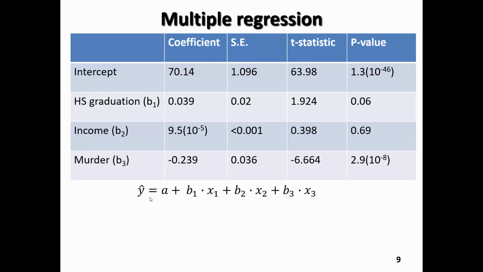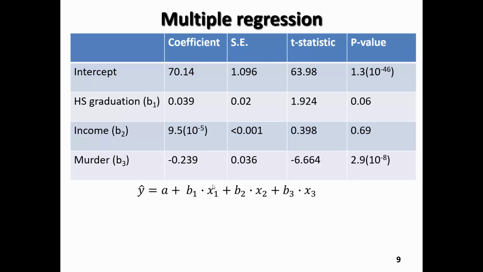And so if we start with our prediction equation, then we're going to lead with y hat. Y hat indicates the predicted value computed from the actual data, where we have B1, B2, B3 associated with each of the three predictor variables, and these are the individual slopes associated with each of those predictor variables.